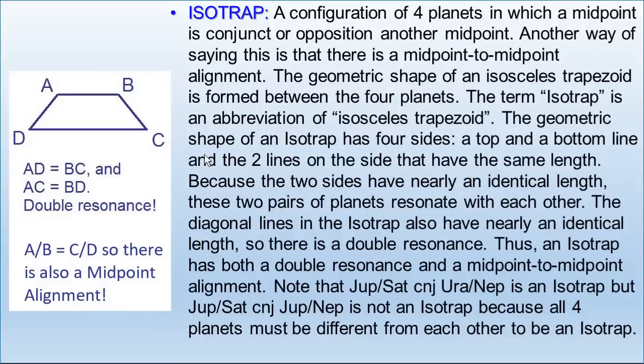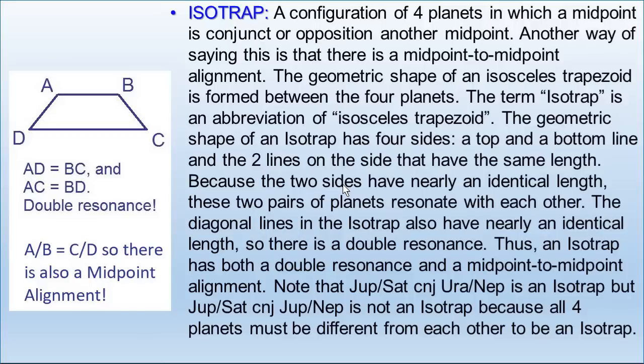And what's really fascinating is that the diagonal lines in the isotrap also have nearly an identical length. So there's a double resonance. The angular distance from planet D to B is going to be the same as C to A. So an isotrap always creates a double resonance.